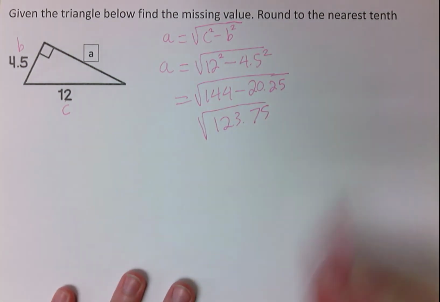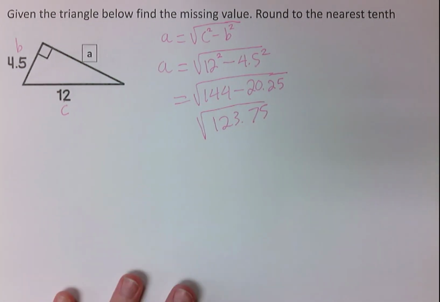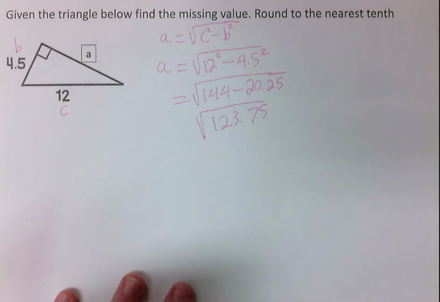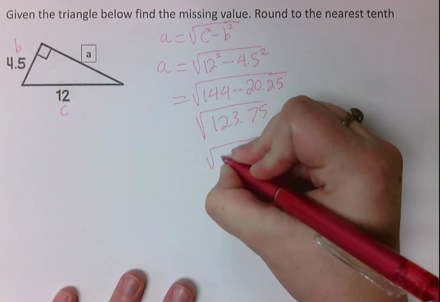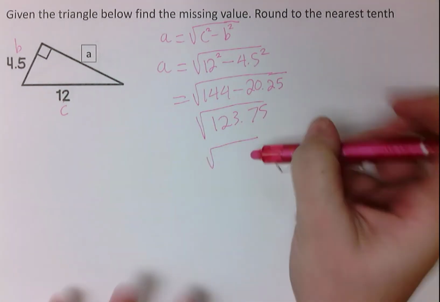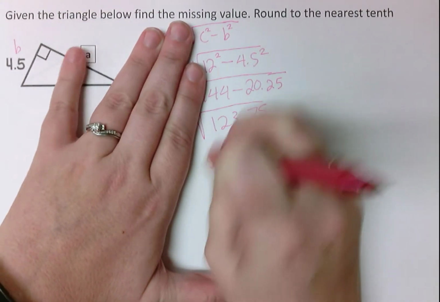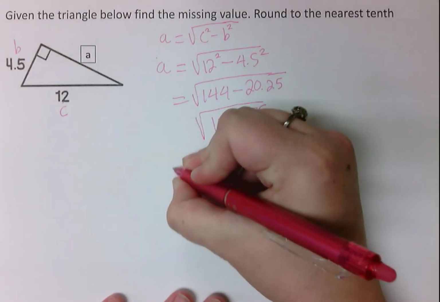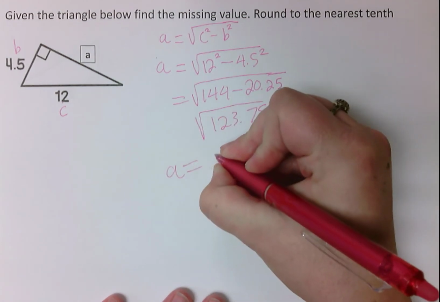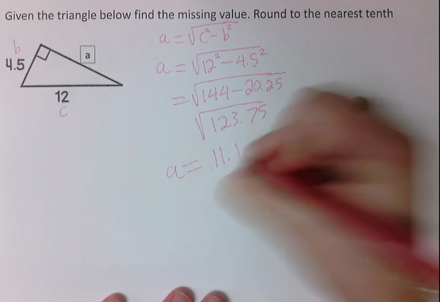Do not drop that square root until we get to our single number. So now I can take the square root of that, and I get that A is equal to 11.1.